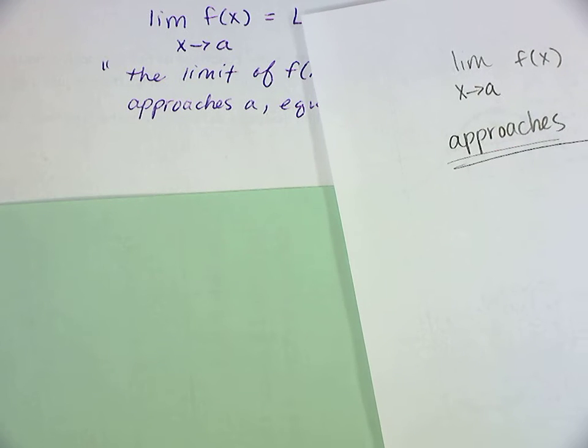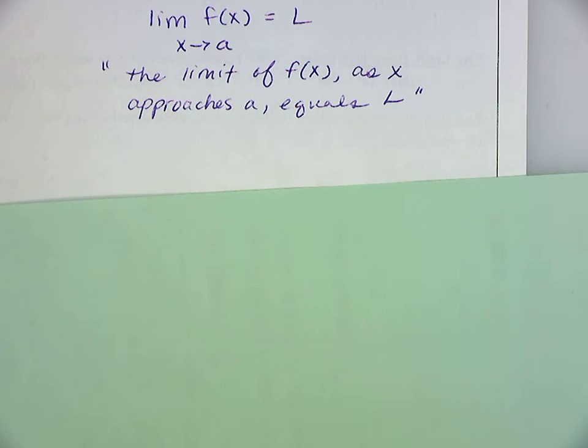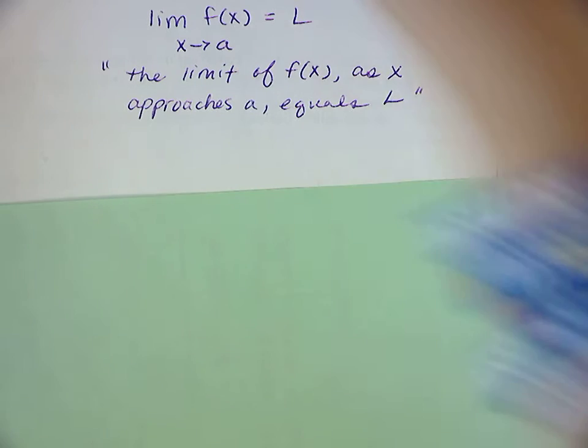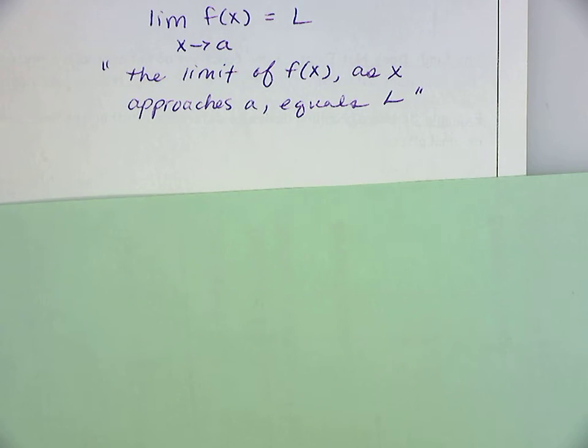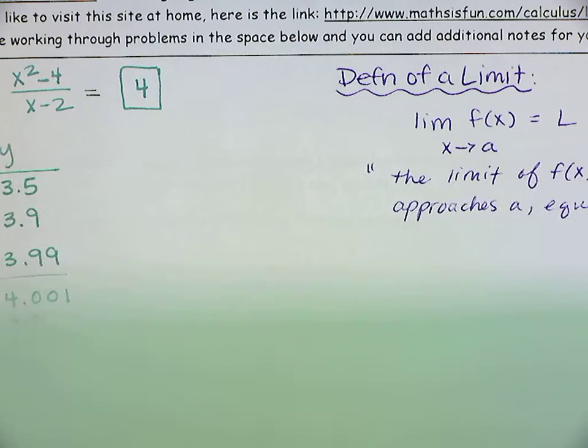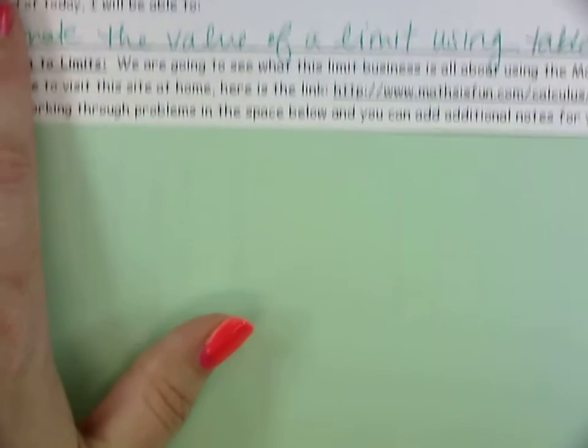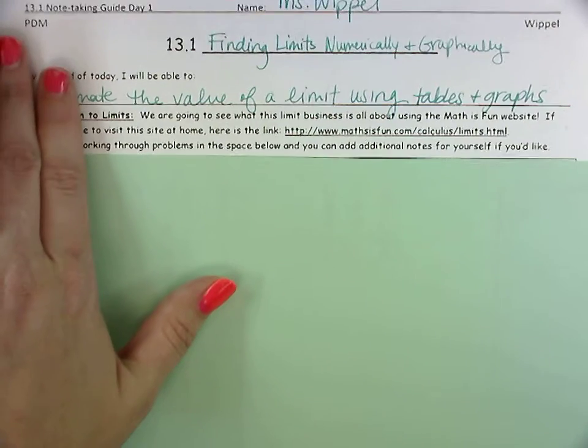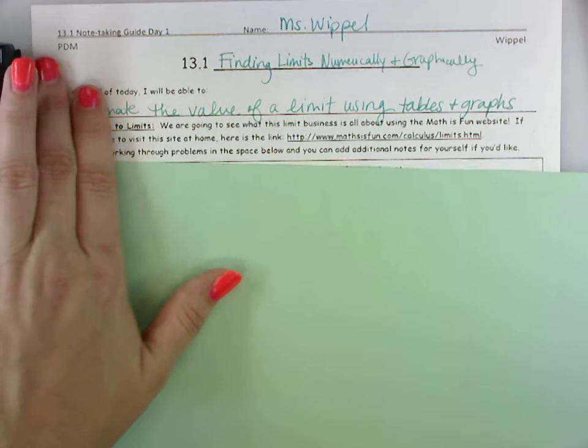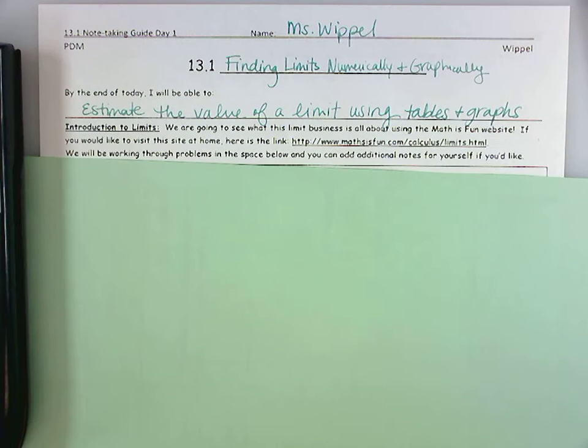All right, so we're going to look at the Math is Fun website, and while I'm pulling that up, I'm going to have you write down our title for today, which is 13.1, finding the limits numerically and graphically. And we're going to estimate the value of a limit today using tables and using graphs.